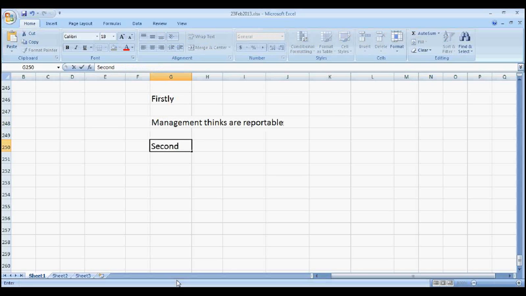Second criteria is we'll use quantitative thresholds.